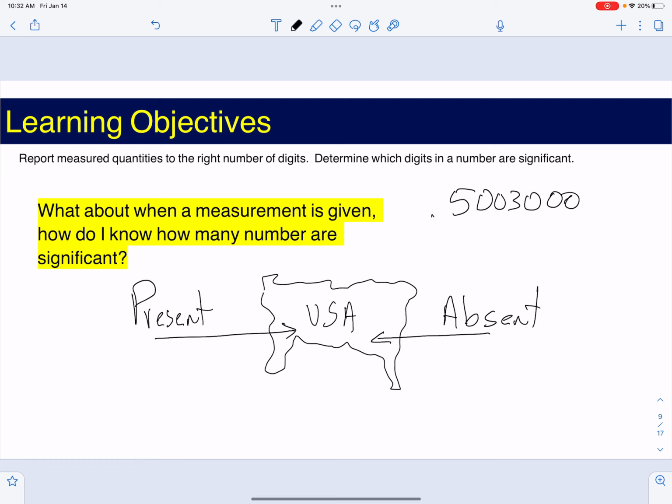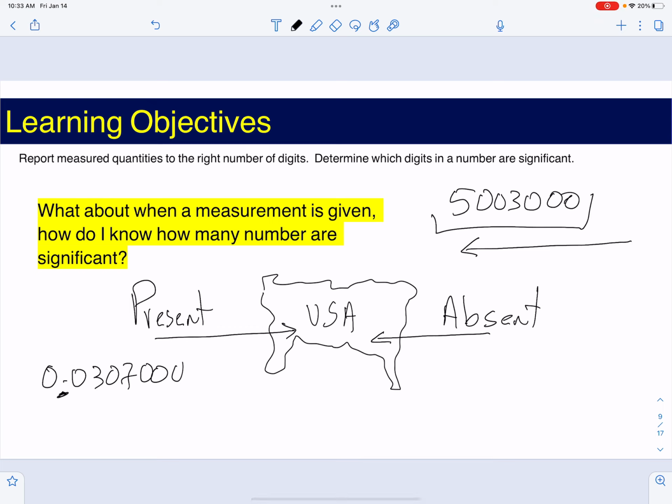So this number, in which the decimal is absent, we're going to count significant digits from right to left. This number, in which the decimal is present, we're going to go from left to right.